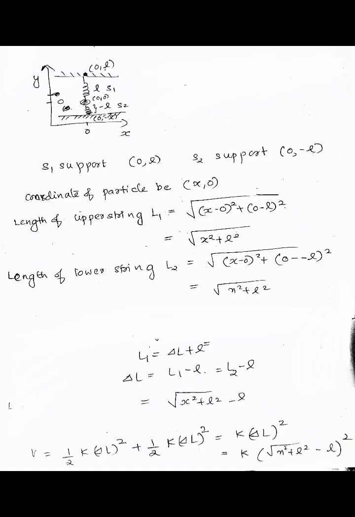And here V is equal to half k (delta L) the whole square plus half k (delta L) the whole square, and this is equal to k (delta L) the whole square. This is equal to k into (square root over x square plus L square minus L) the whole square. Square root over x square plus L square is equal to L into square root over 1 plus x square by L square. This is equal to L into (1 plus x square by L square) the whole raised to 1 by 2.